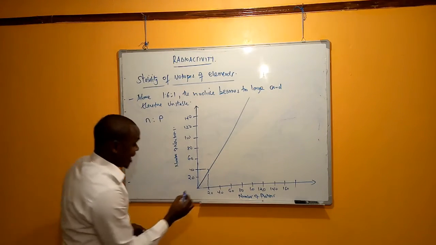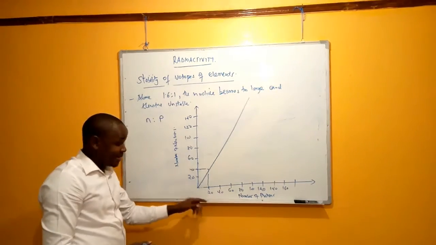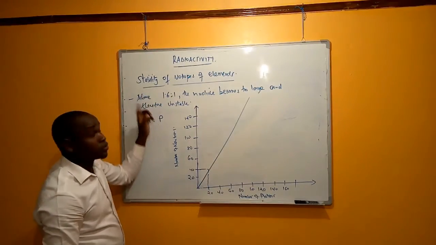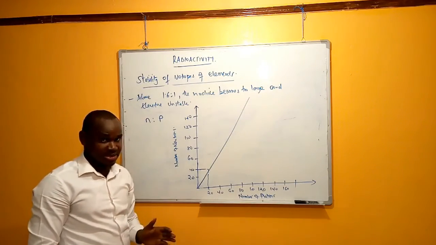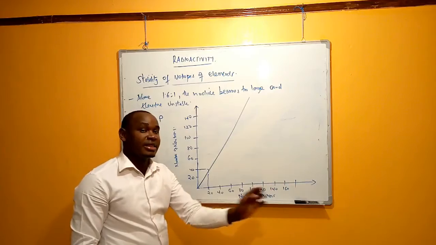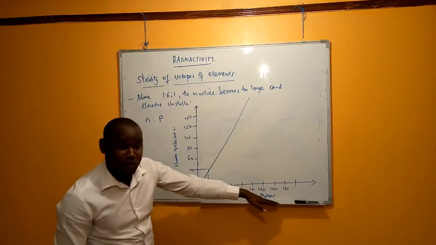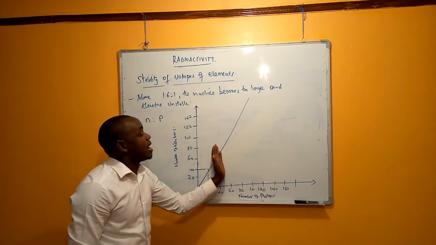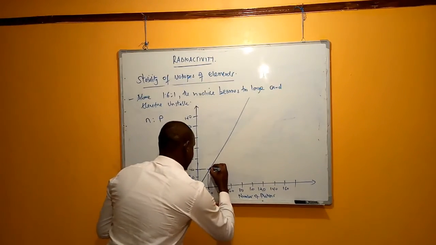So you'll find that, as we are saying, as the atomic number increases, the neutron proton ratio increases progressively up to 1.6. Above that, the nuclide becomes unstable. So number of protons indicates the atomic number. As it increases, anything that is above here becomes unstable.